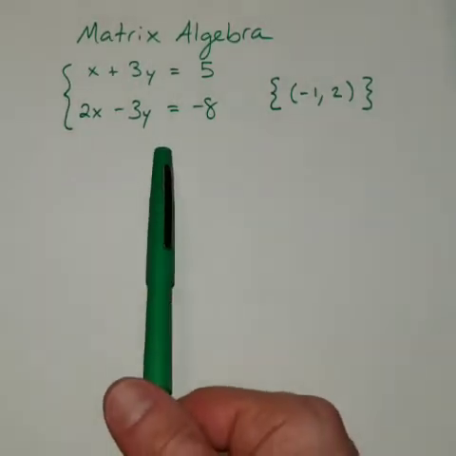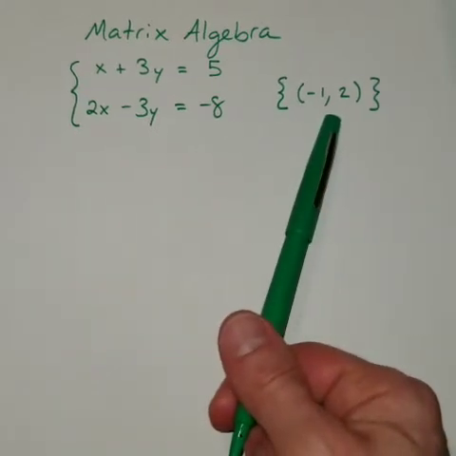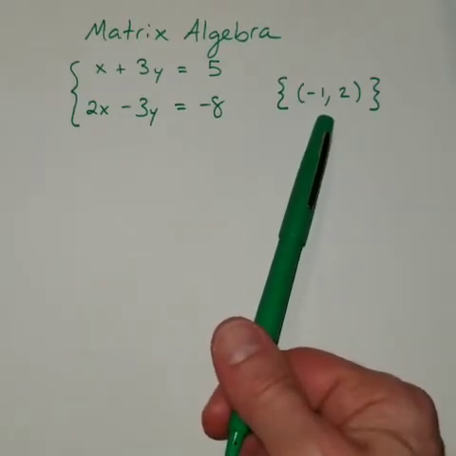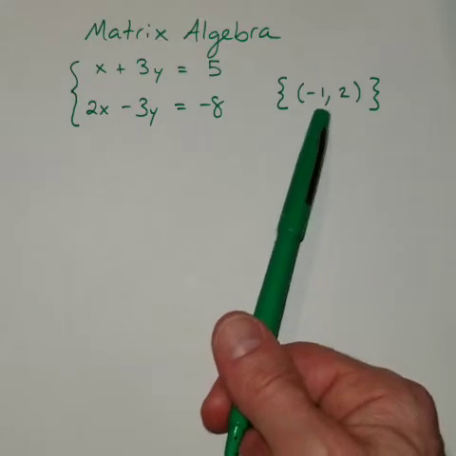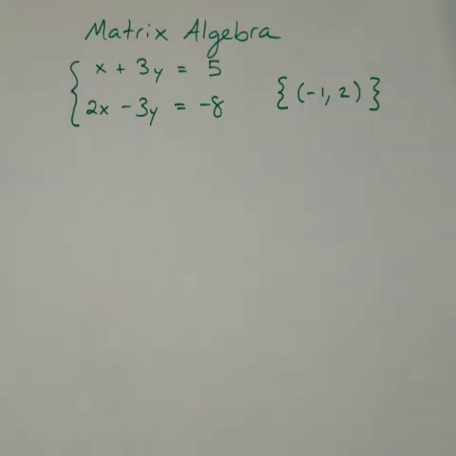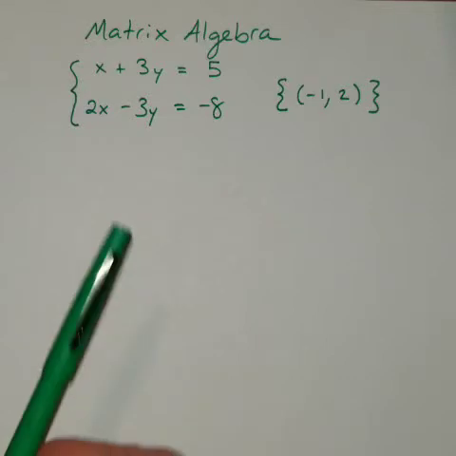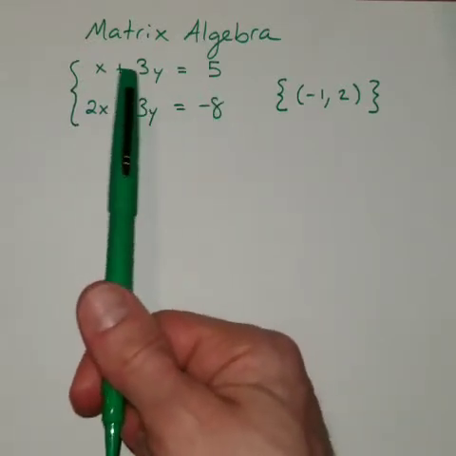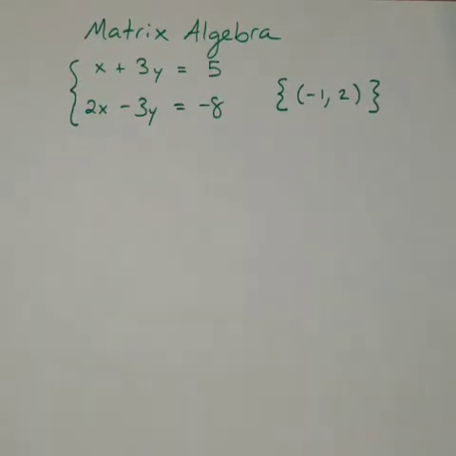What I want you to notice, well, first of all, we already know the solution from the other times that we've solved this system. So I just want you to have it here so we can verify that we got it correct after we're done. What I want you to notice is that there are some matrices kind of hiding in this system.